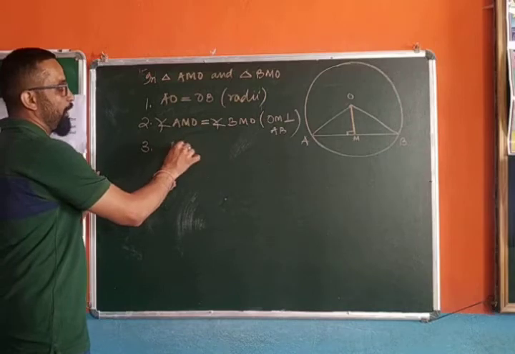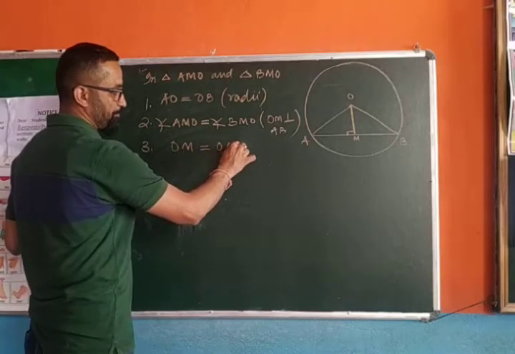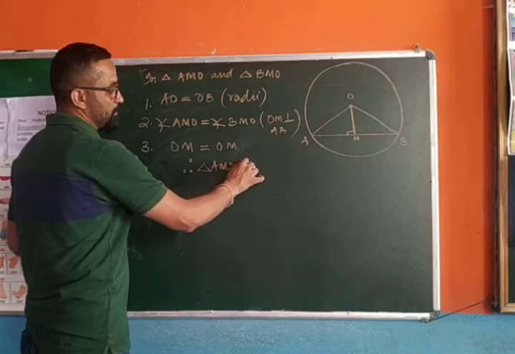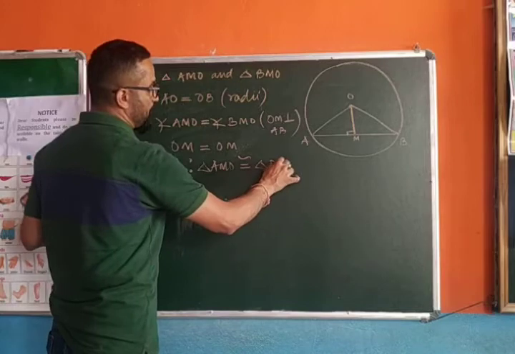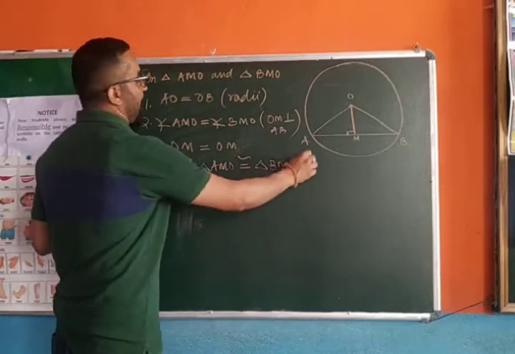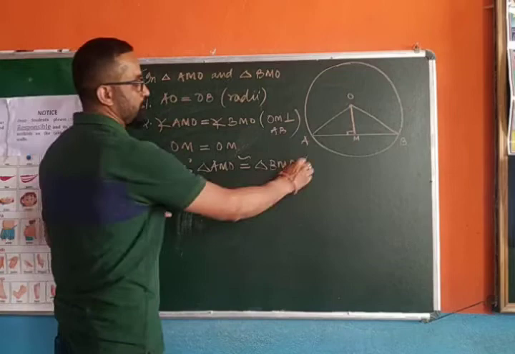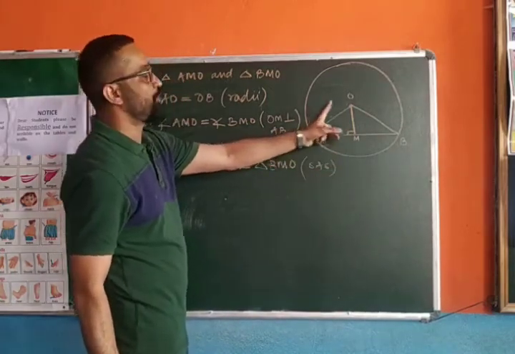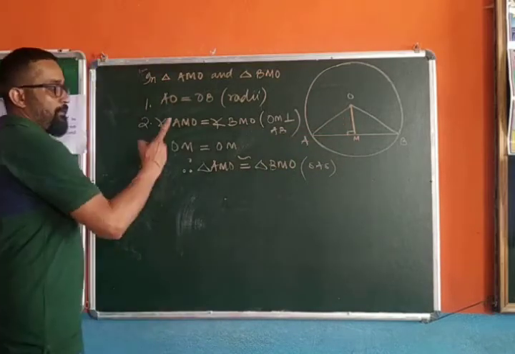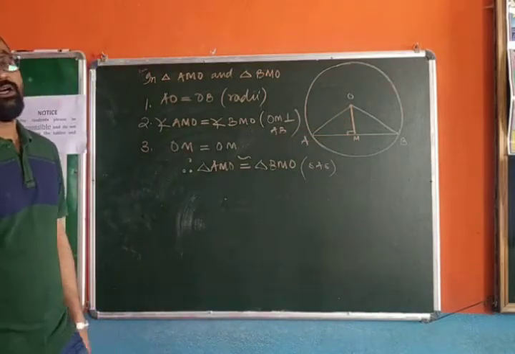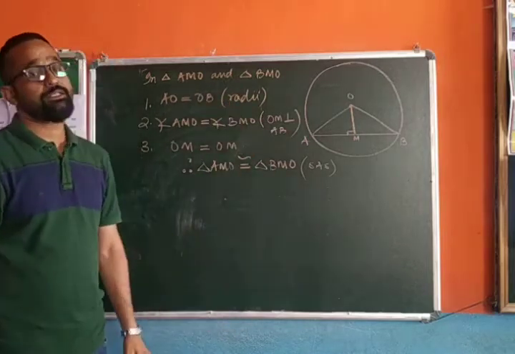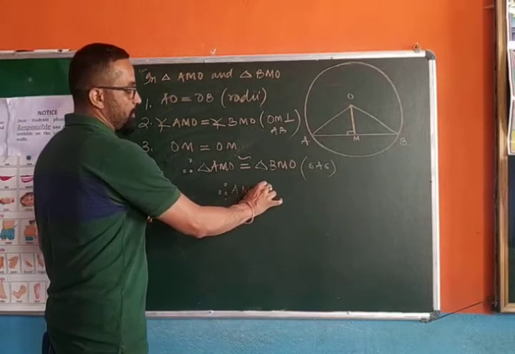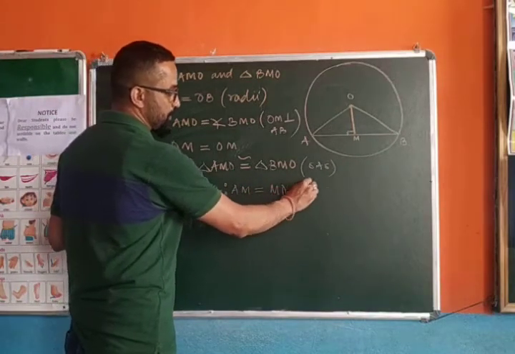Third one, OM is equal to OM. Therefore, triangle AMO is congruent to triangle BMO. And you have side, angle, side. Or you can write RHS, right angle hypotenuse, side. Once you prove these two triangles are congruent, corresponding sides are equal. Therefore, AM is equal to MB, CPCT.